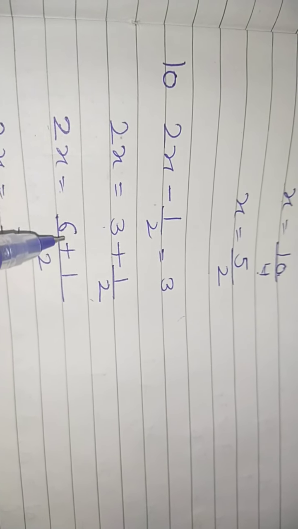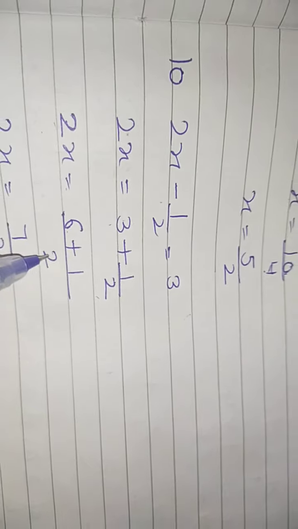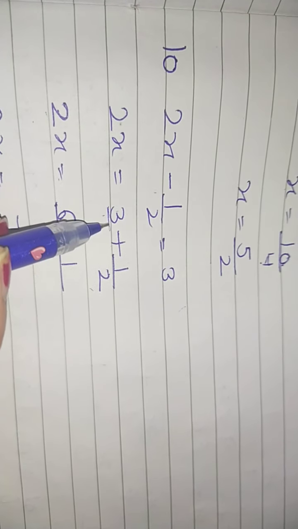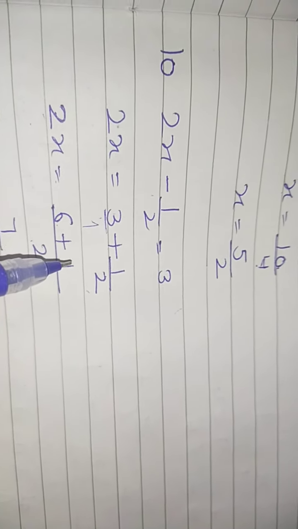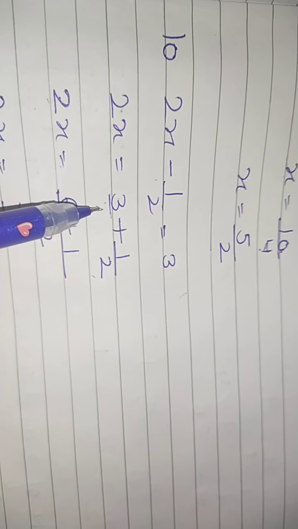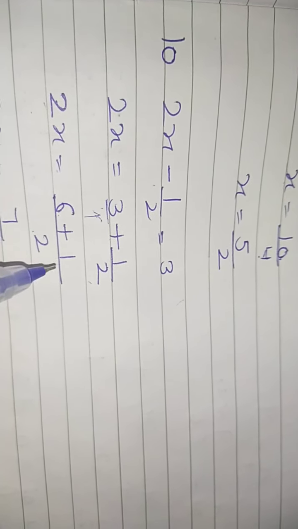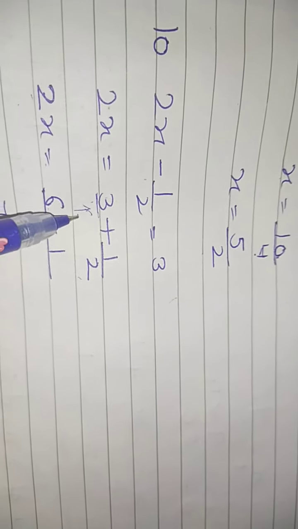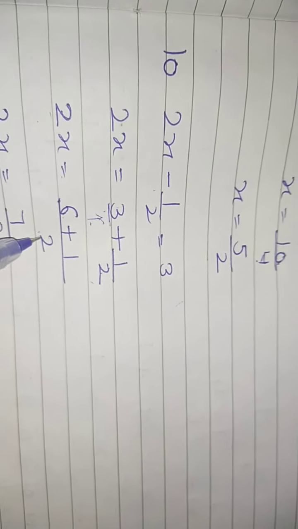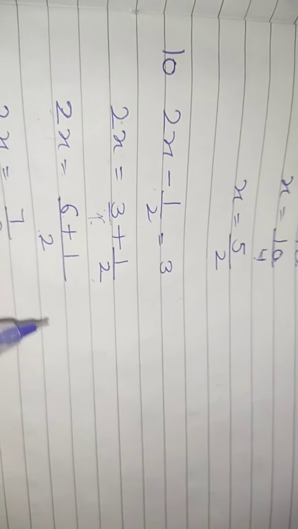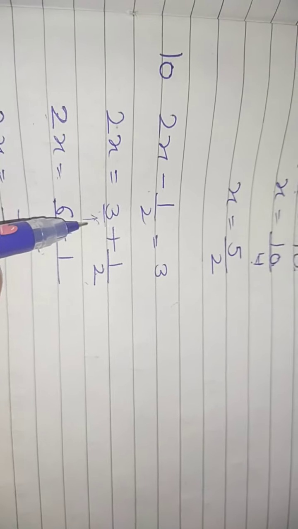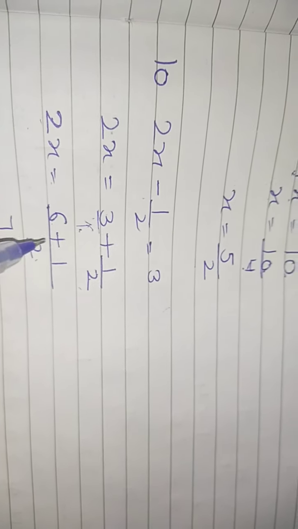So 2x is equals to 3 plus 1 upon 2. Because here we are not having any denominator, we will assume that the denominator is 1, and the LCM of 1 and 2 is 2. When we divide the LCM 2 by 1, we get the quotient 2.